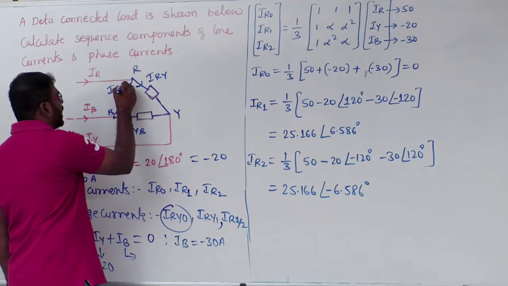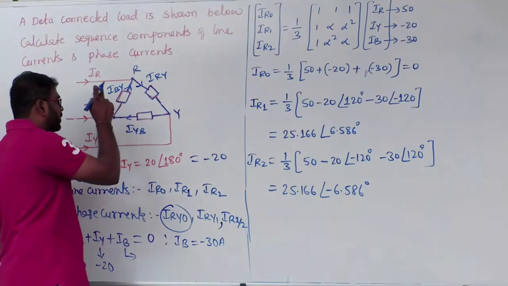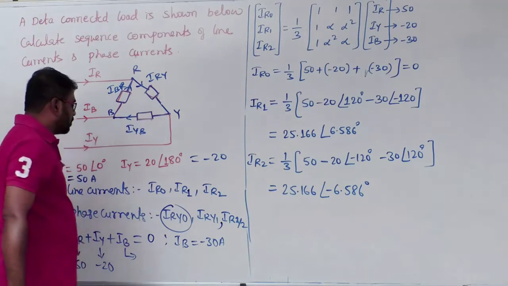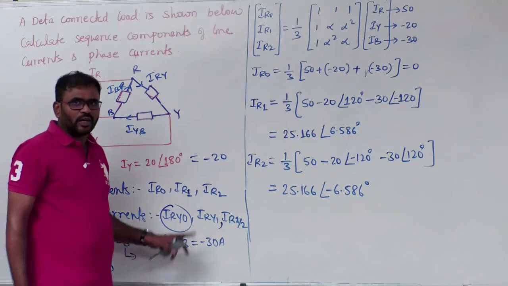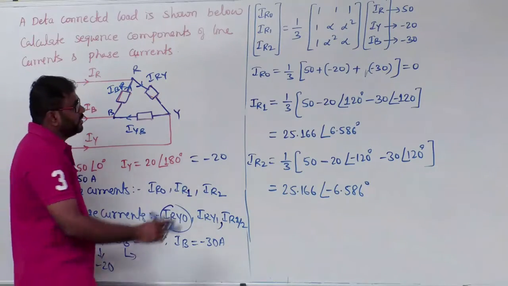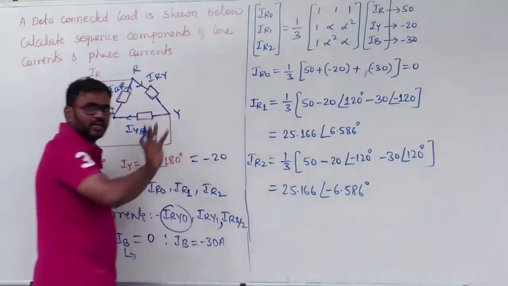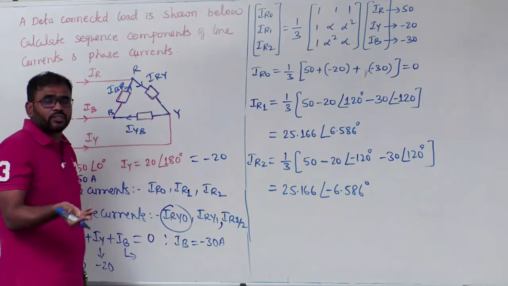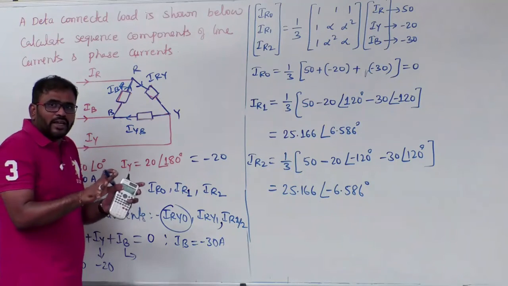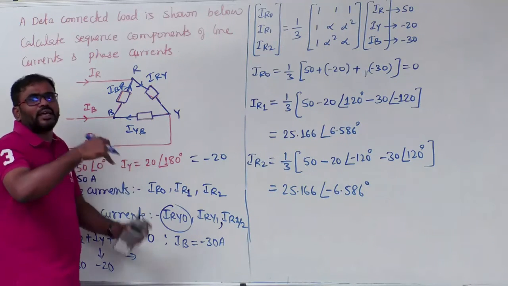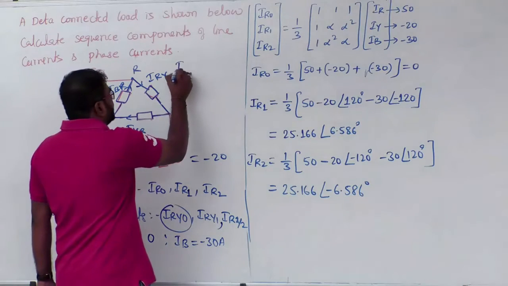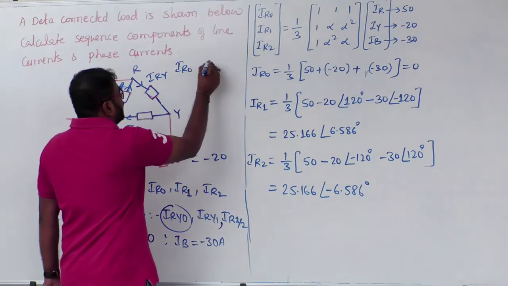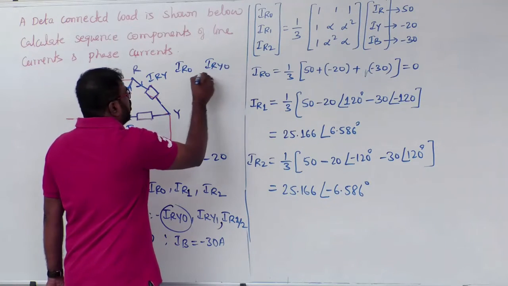We already discussed that the line value of zero sequence current is 0, but the phase value of zero sequence current may exist. So there is no relation between IR0 and IRY0.